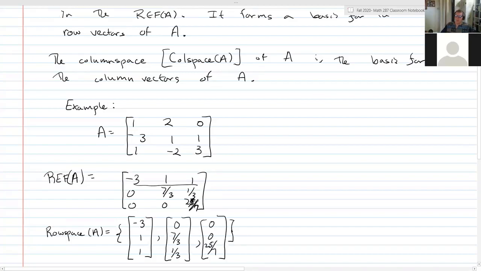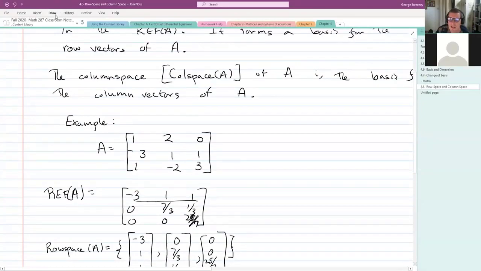Now let's think about this from the standpoint of the column space of A. We said the column space of A is a basis for the column vectors of A. So that means that we need a set of linearly independent vectors. Let's take a look at this set.